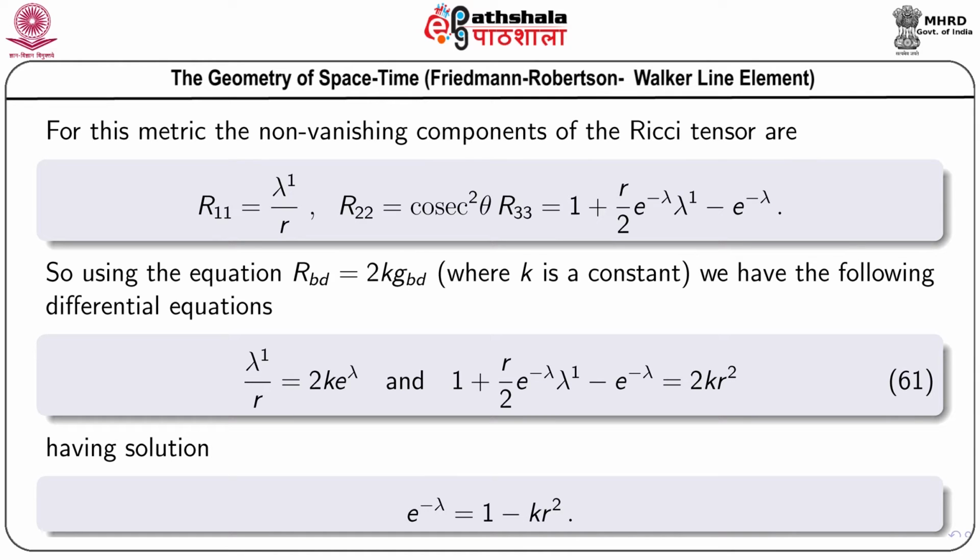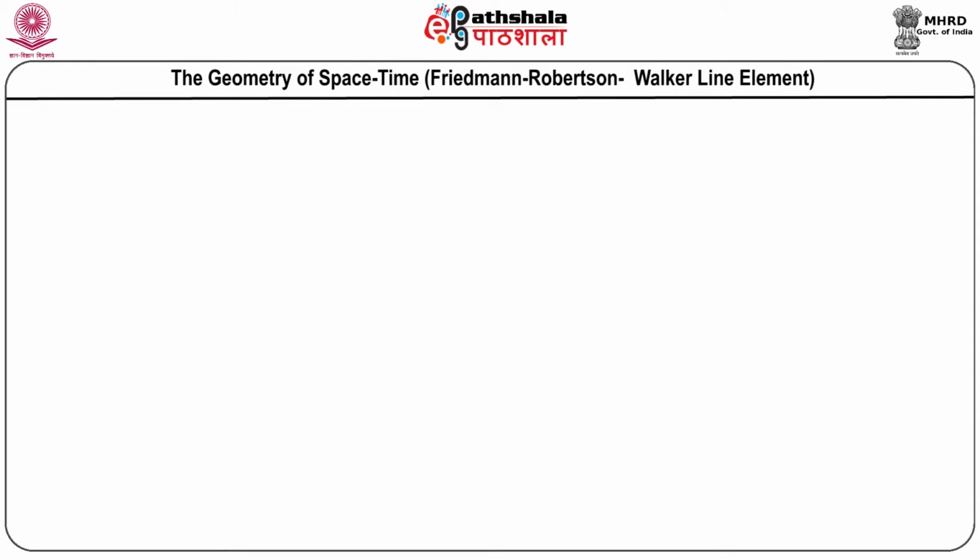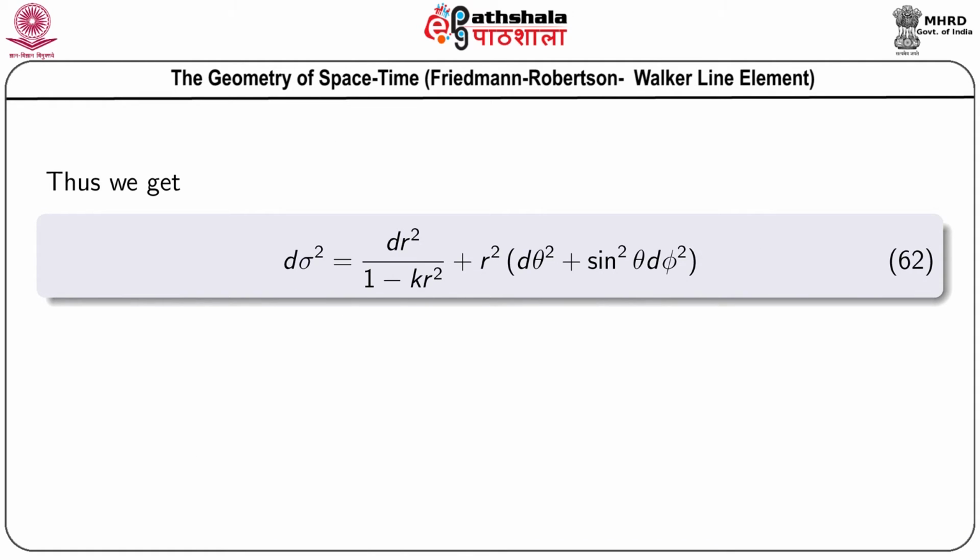Now, if you solve this one, we have this expression e to the power minus lambda equals 1 minus k r square, and thus we get d sigma square equal to dr square by 1 minus k r square plus r square d theta square plus sin square theta d phi square, where theta and phi are the angular coordinates of the space time.